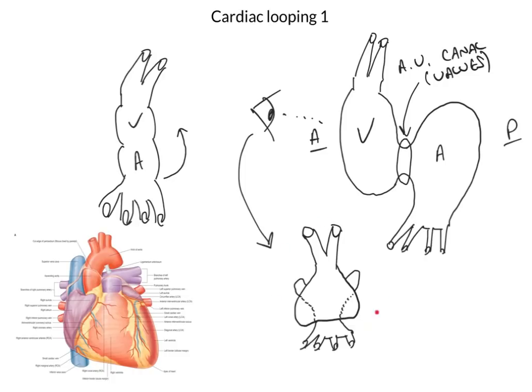Now, this view here, I think, is really helpful. I think that appreciating that the atria have gone behind the ventricles helps us to orientate ourselves in the adult heart. If we look at the adult heart, we can tell if we're looking at the front of an adult heart because we should be able to see these structures here, the auricles, the right auricle and the left auricle.